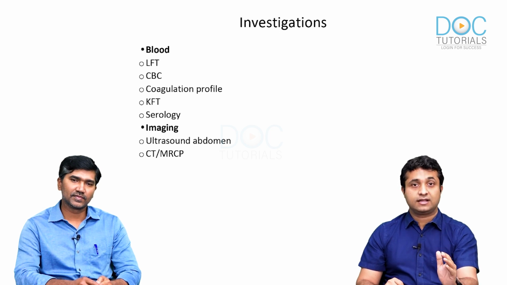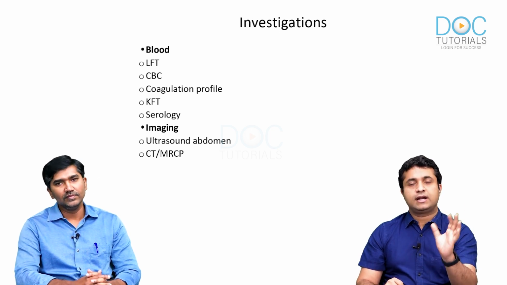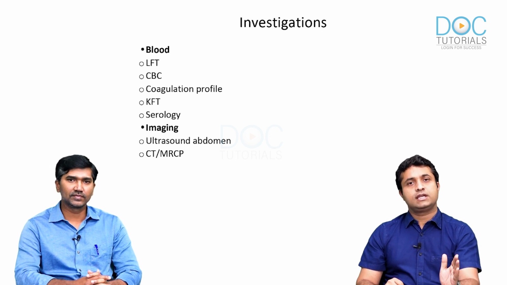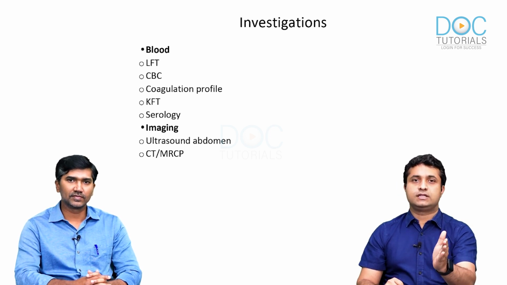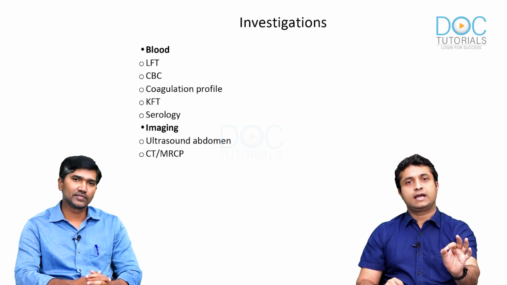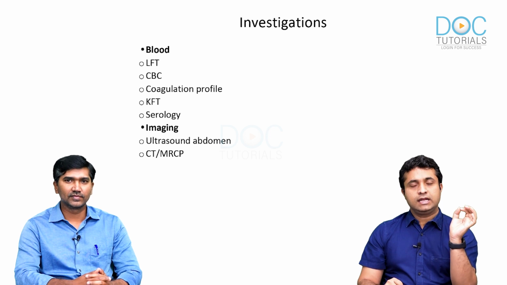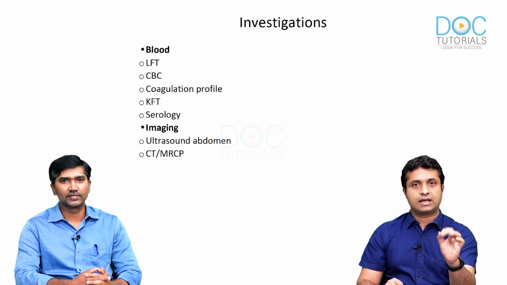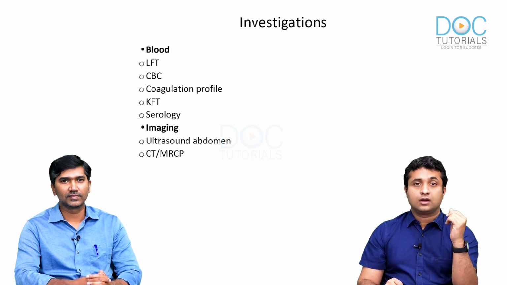First, considering the laboratory investigations. In blood investigations, first we will order a liver function test. What do we see in the liver function test? First we will look at the bilirubin levels, direct and indirect bilirubin along with the total bilirubin level. Increased bilirubin level directly suggests jaundice, the classical clinical manifestation on laboratory finding. Next comes SGOT and SGPT, what we call transaminases.